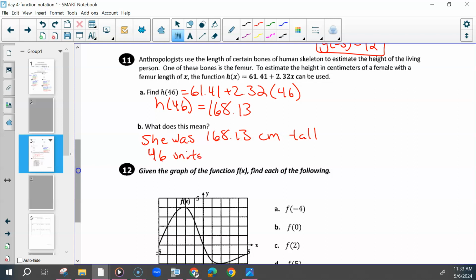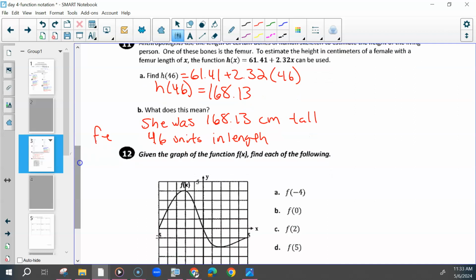Units, I don't know what it actually is. So that's just being able to take pieces, still evaluate, but also read it and understand the context of it.